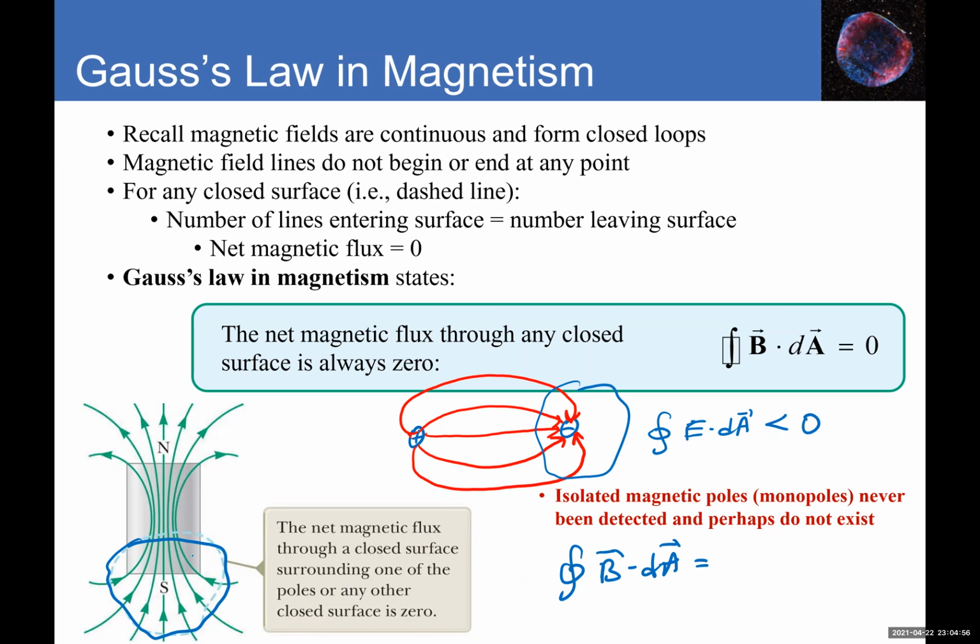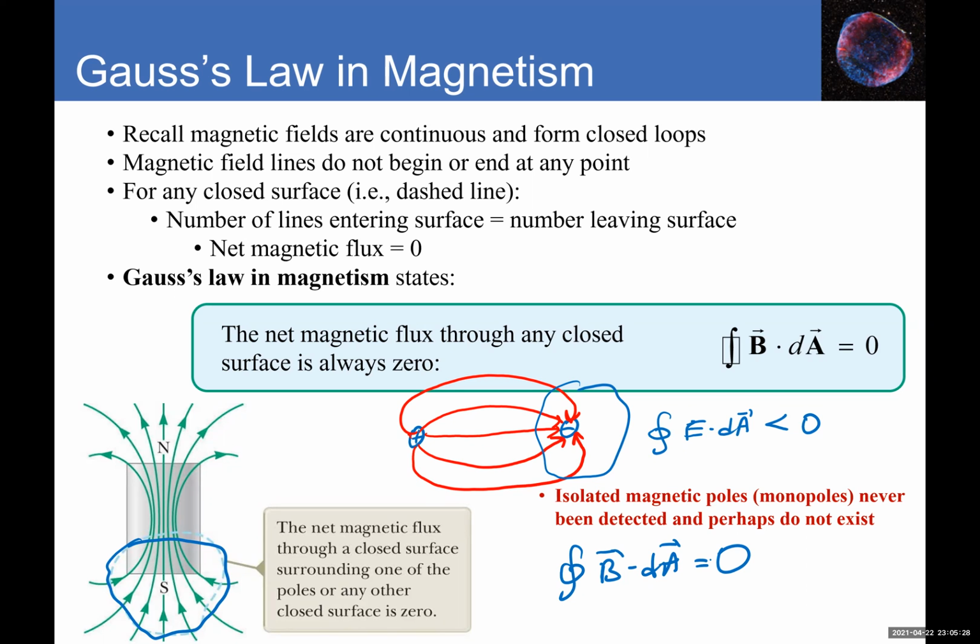It means I'm looking at the total contribution of the magnetic field for this surface. Whatever comes in on one end will exit on the other end. So if I break it down into the surface where the magnetic field enters and the surface where it exits, I get positive flux when it enters and negative flux when it exits, but they are exactly the same, so I get zero.